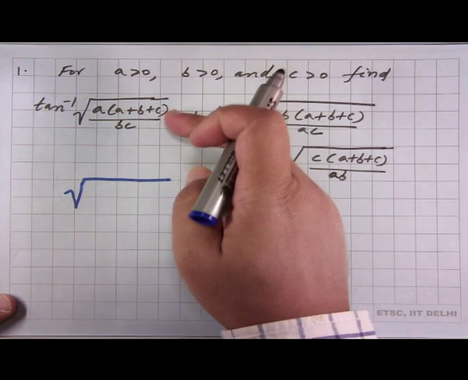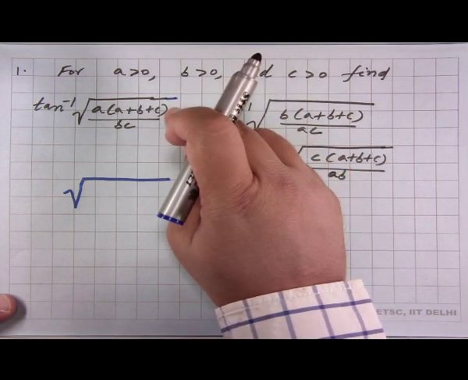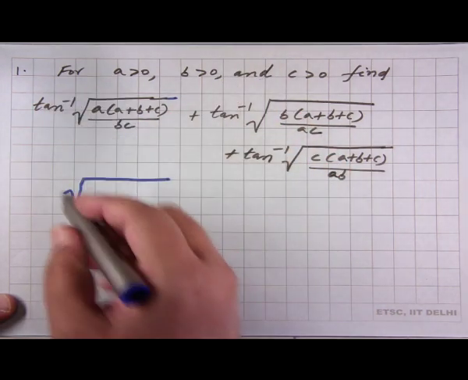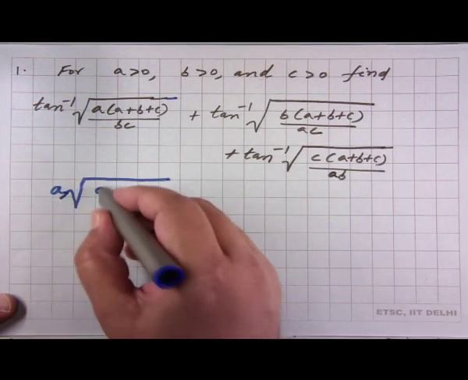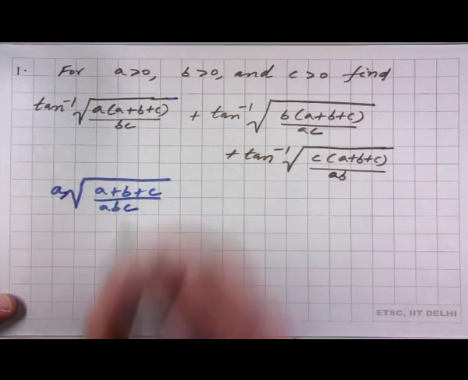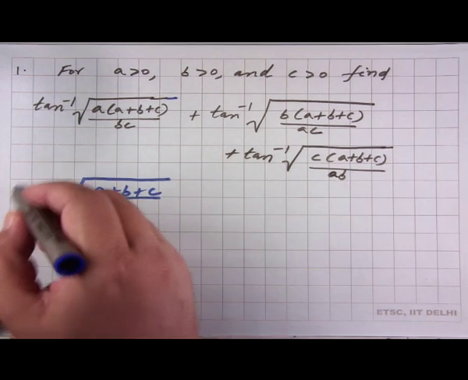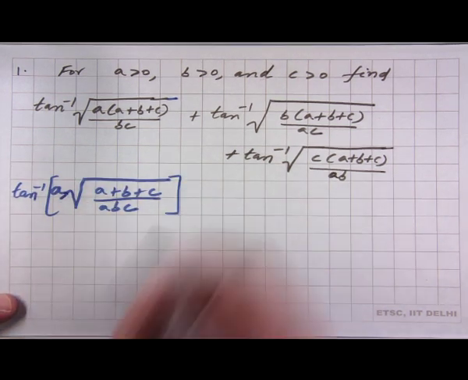If you multiply both the numerator and the denominator inside the square root with a, a is going to come out, and we are going to get a into square root of a plus b plus c over abc. So the first term is this quantity.